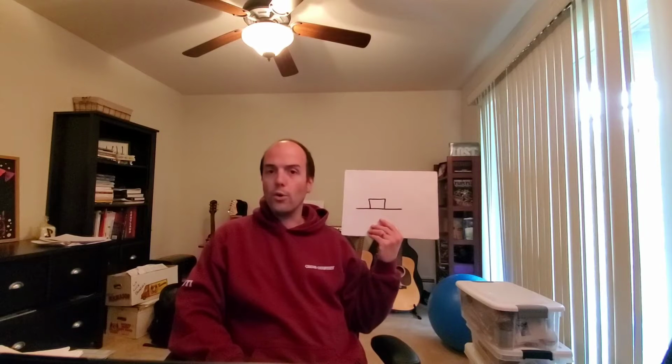So let's start with the most basic, and that is a single object on a horizontal surface. Very simple. What you first need to do is make your net force in the x equations and your net force in the y equations.